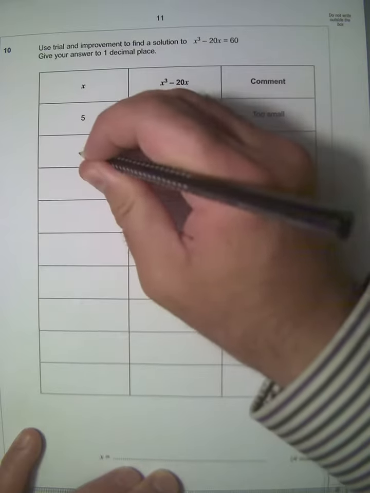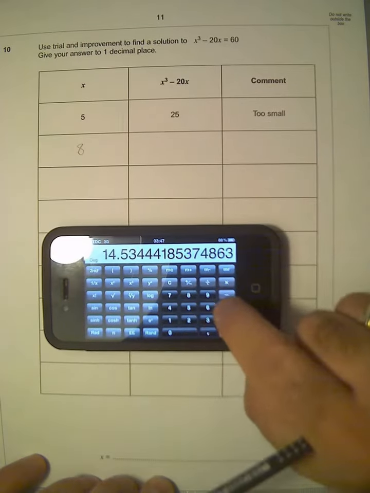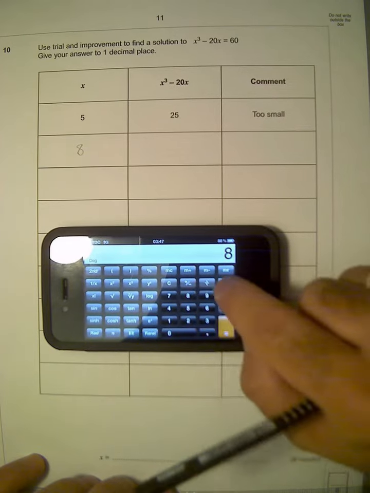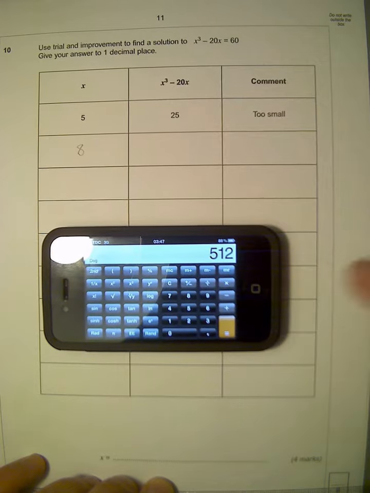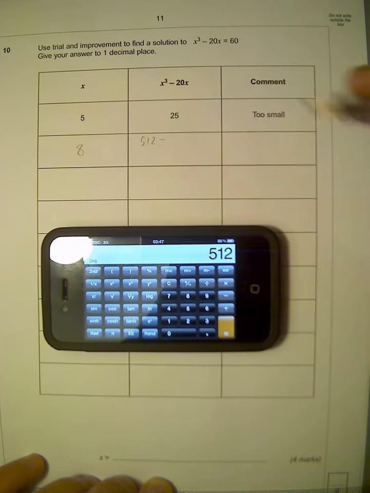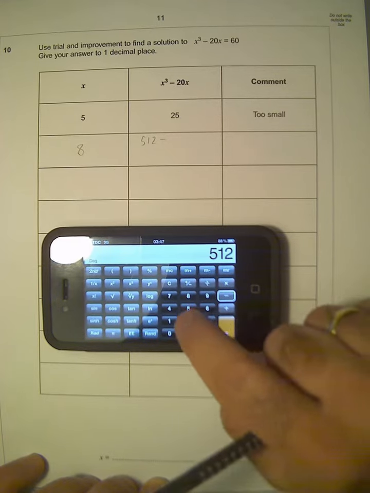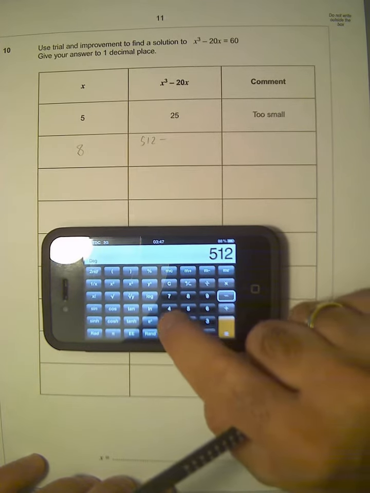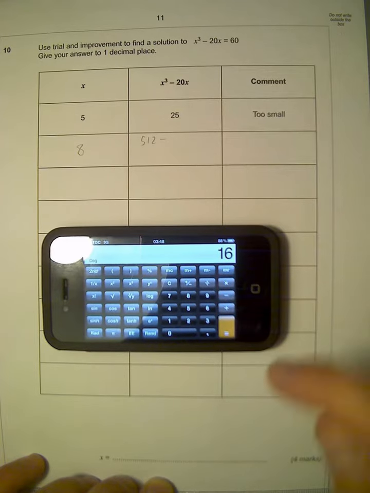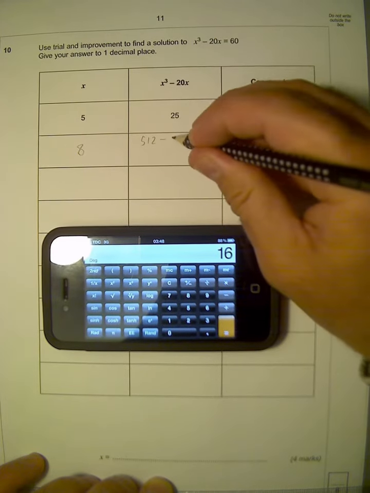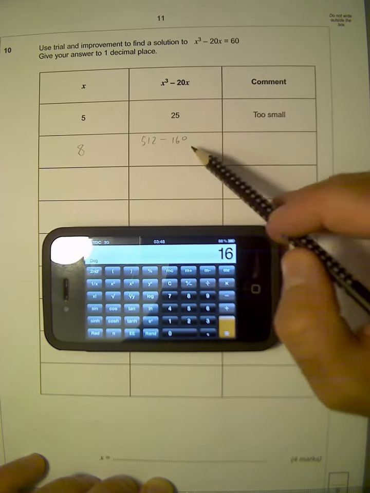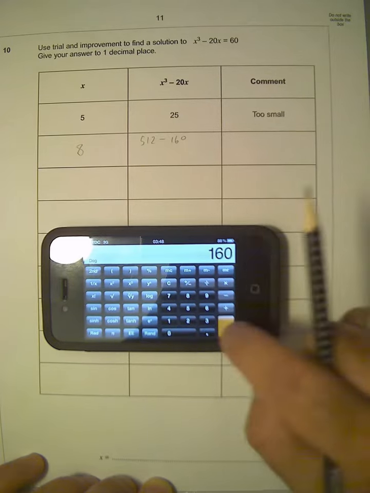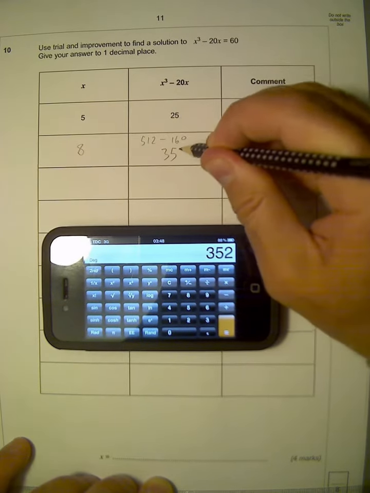So I'm going to say, okay, try a bit more. What if x was 8? So if x was 8, then we'd have 8 cubed, 8 times 8 times 8, 512, minus 20 times 8, which is 160, so x cubed minus 20x would be 512 minus 160, 352.